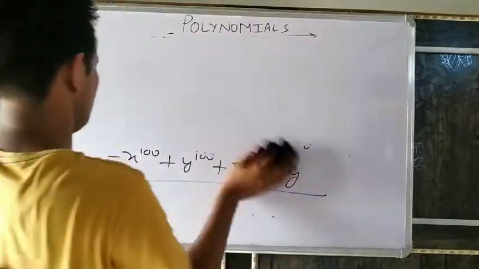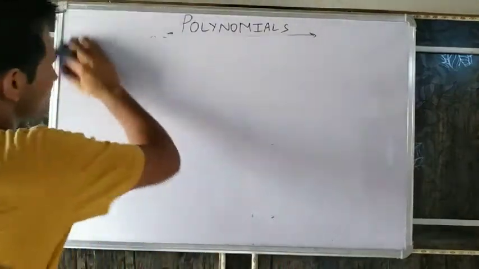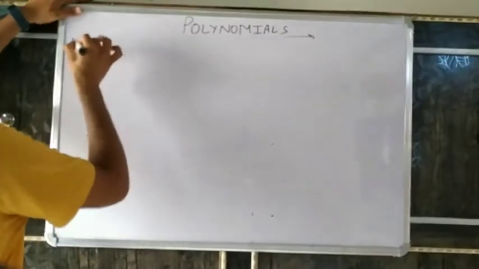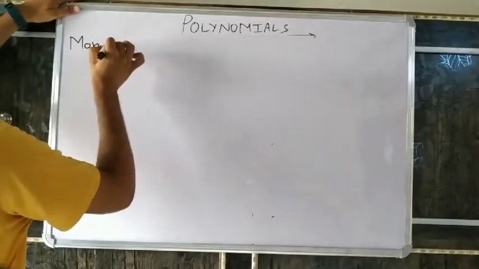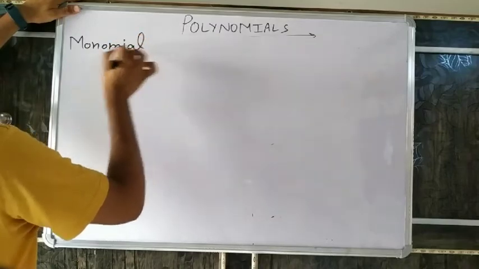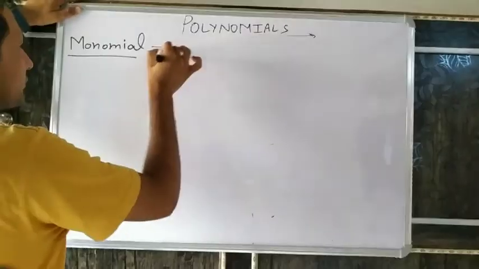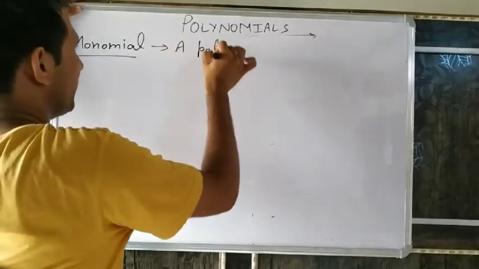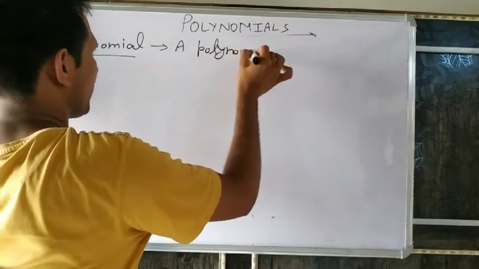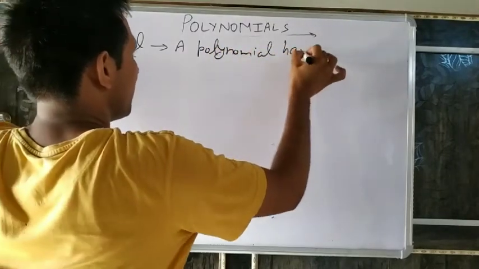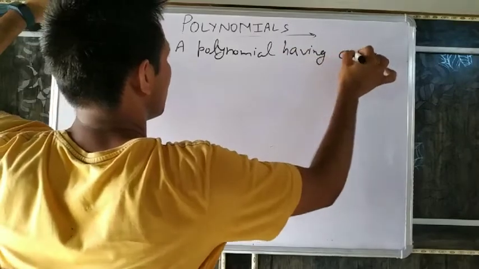What is a monomial? A polynomial having one term. How many terms?